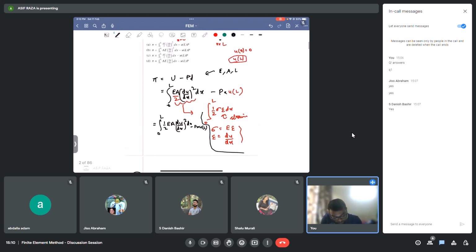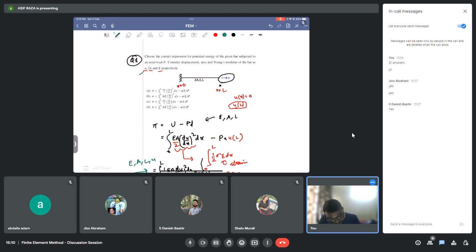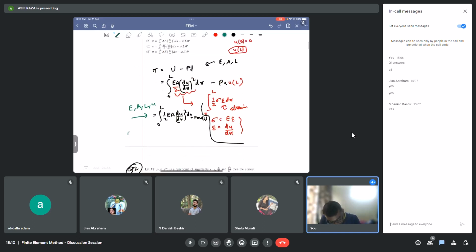Now this is for when Young's modulus is E, the area of the material is A, the length is L, and the displacement field is given by U. The question asked has displacement field U, area 2A, and modulus E. That means E, 2A, L and U. So we just need to change this.